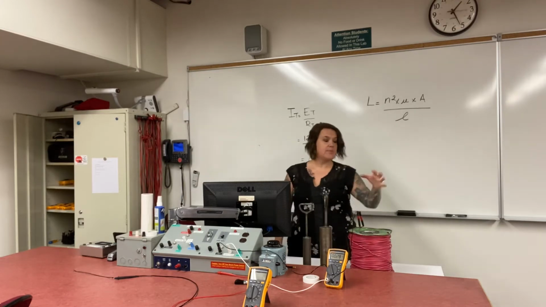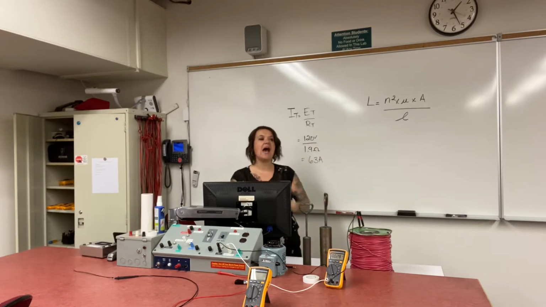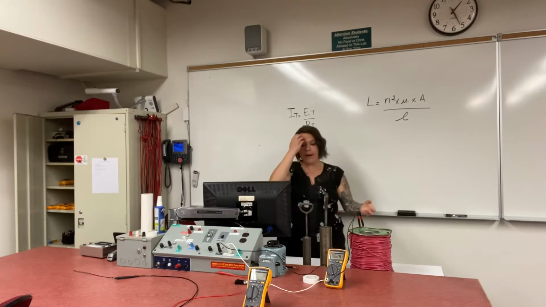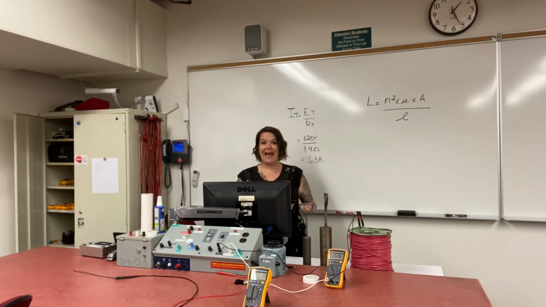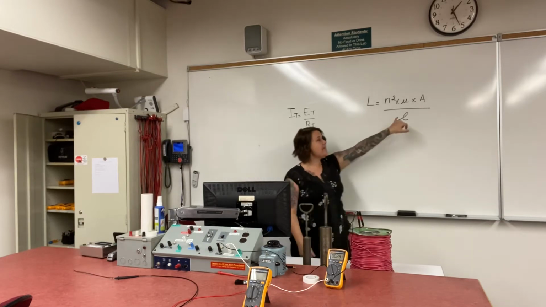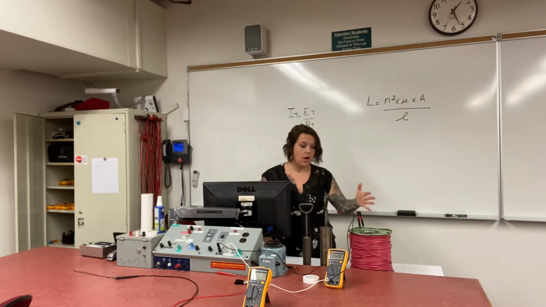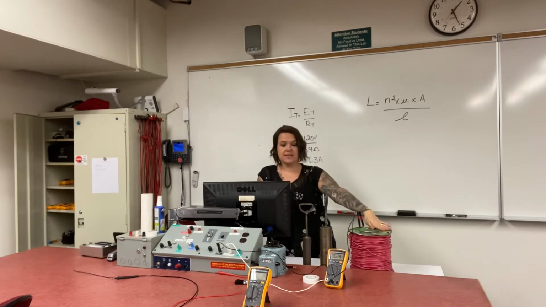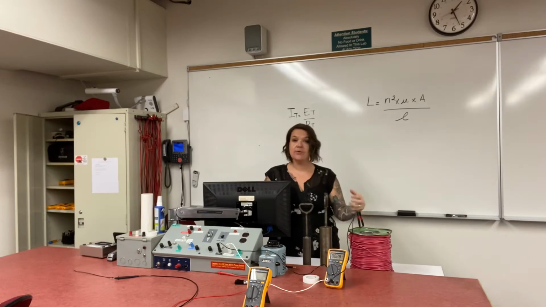So I'm going to manipulate some of these variables, and on our meter, we're going to be able to see how that's affecting the overall current. Okay, so number of turns of the wire, I'm not physically able to remove any of the turns or physically add any of the turns, but I am able to change the permeability of the core as well as the area of the core.